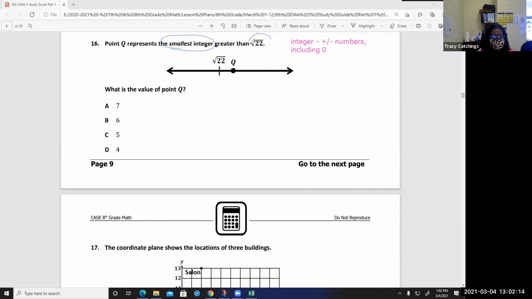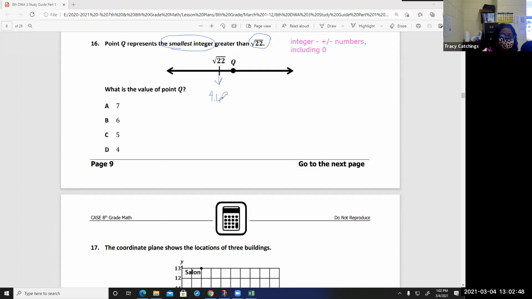And they say it is greater than the square root of 22. Well, let's find the square root of 22. Check that. Square root. Don't square it. Do the square root symbol, the one right there beside the division sign. Gave you a decimal. What you got?